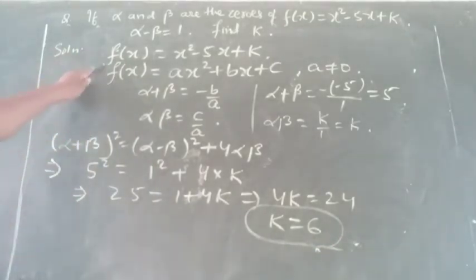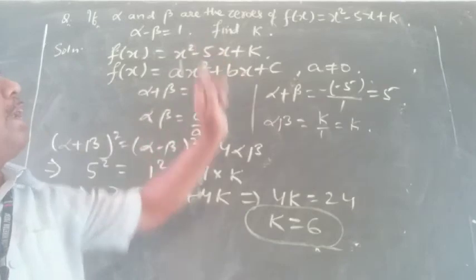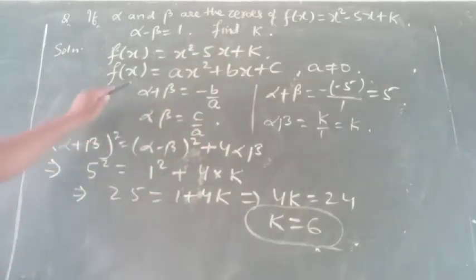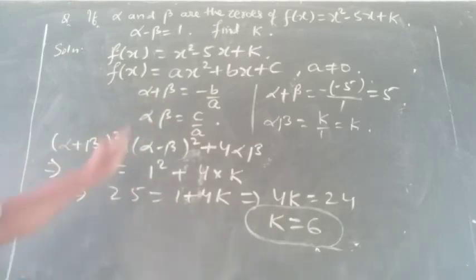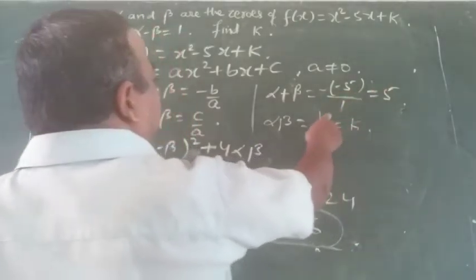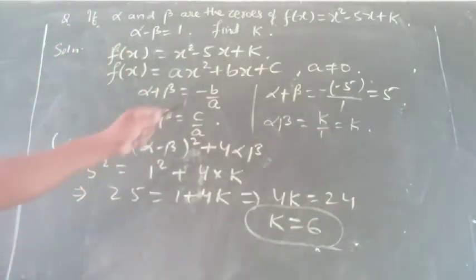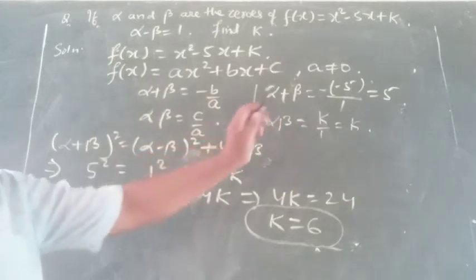I have one quadratic polynomial. We just find the value of a, that is 1, b is minus 5, and c is k. Now find the relation: alpha plus beta is minus b by a, alpha into beta is c by a. According to this, minus of minus 5 by 1 is 5, and c by a, k by 1, that is k. So alpha plus beta value is 5 and alpha into beta value is k.